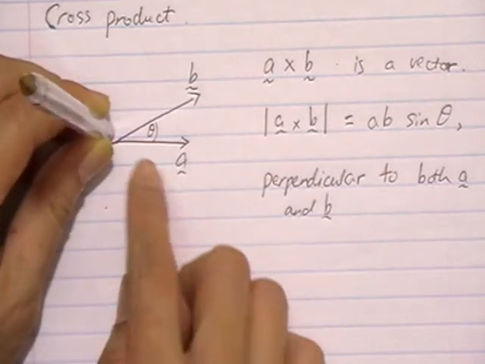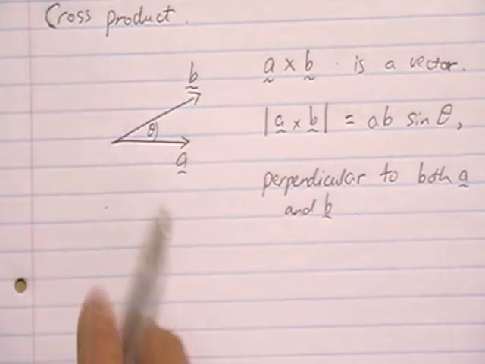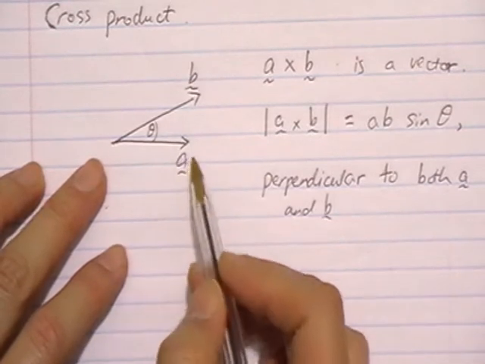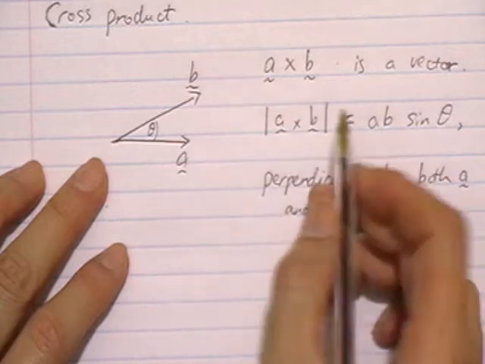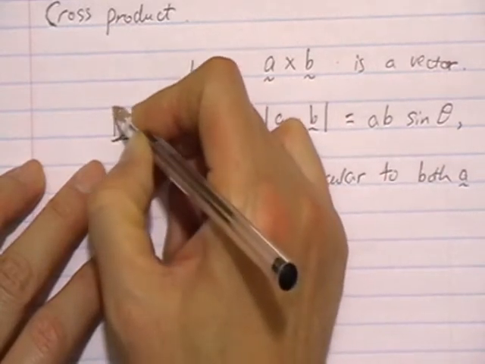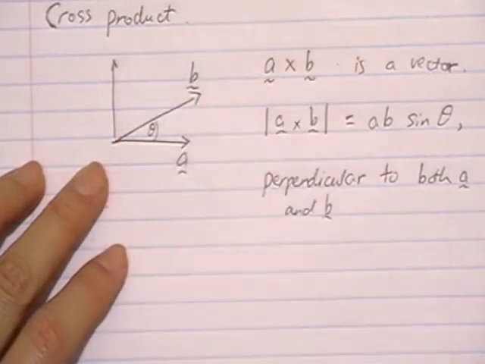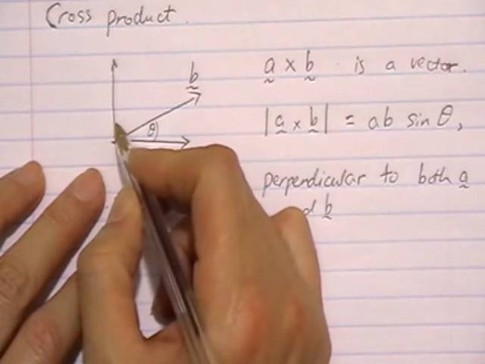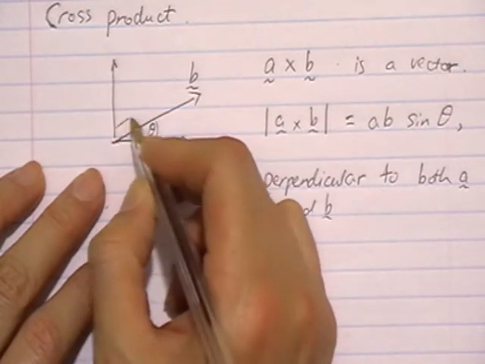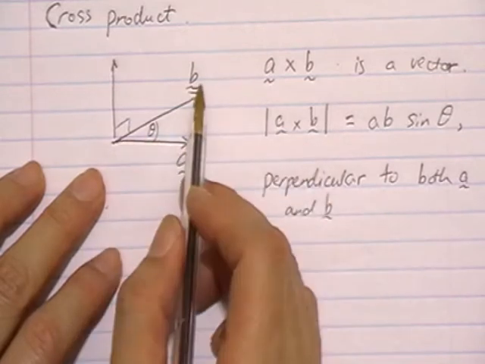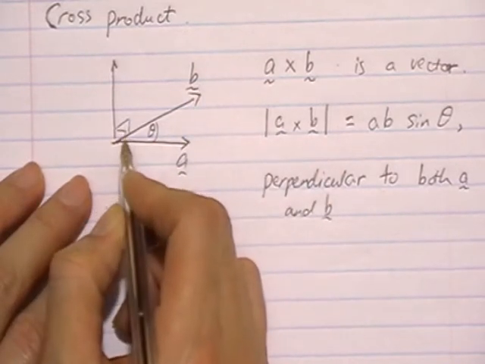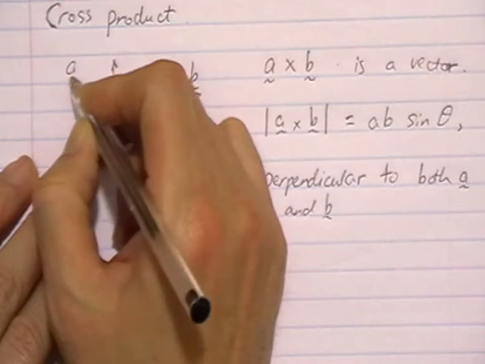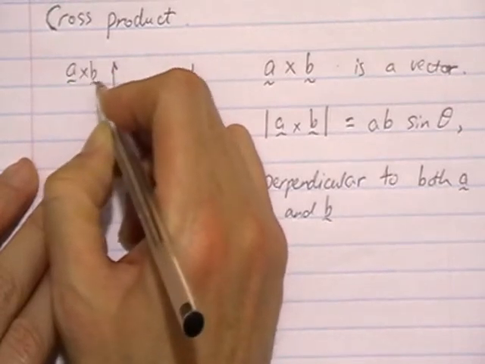But if I'm trying to draw a 3D picture, and I think that the vector A is pointing out of the paper and B pointing into the paper, then I could draw a vector on the paper like that and try to imagine that this is a three-dimensional drawing, so that this vector is at the same time at 90 degrees to B and also at 90 degrees to A. And that's A cross B.